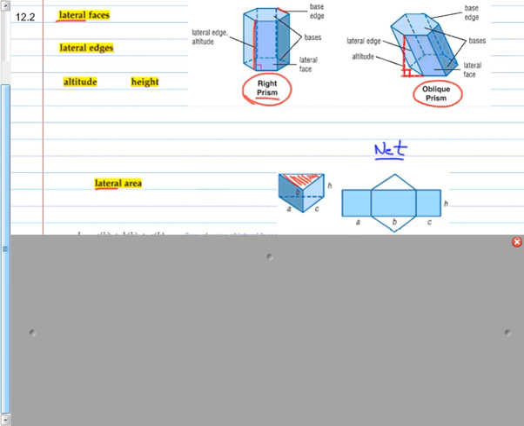So what shape did I get when I laid out in a net the lateral faces? A rectangle. How do I find the area of a rectangle? Base times height. And if I want to know the base, well, it would be A and B and C. Look back over here. If I add A, B, and C all together, what would I call it in the original prism?